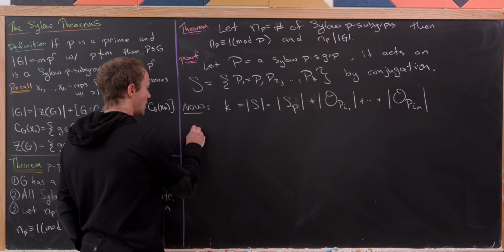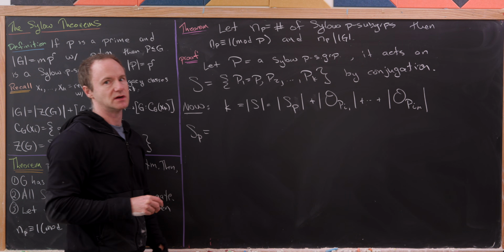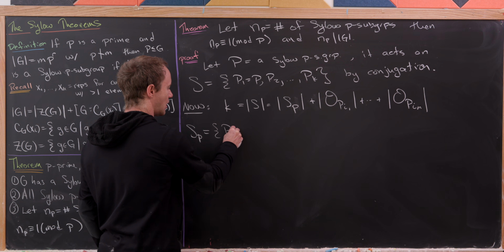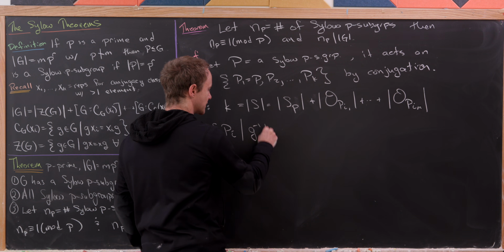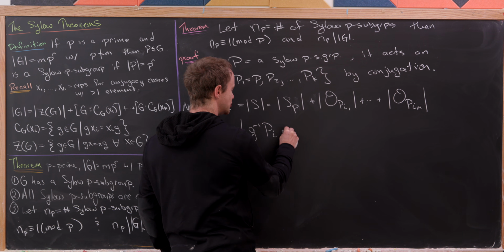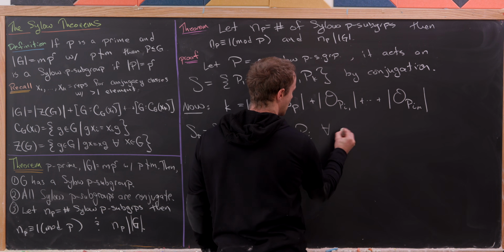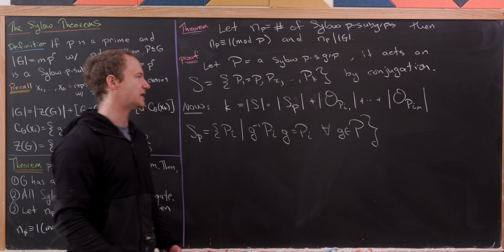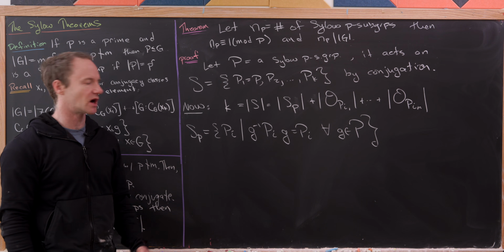And now let's recall what this S sub capital P is, just so we know what's going on here. This is going to be equal to all p_i where g inverse p_i g is equal to p_i, for all little g inside of our capital P. That's because our Sylow p-subgroup is acting on this set via conjugation.